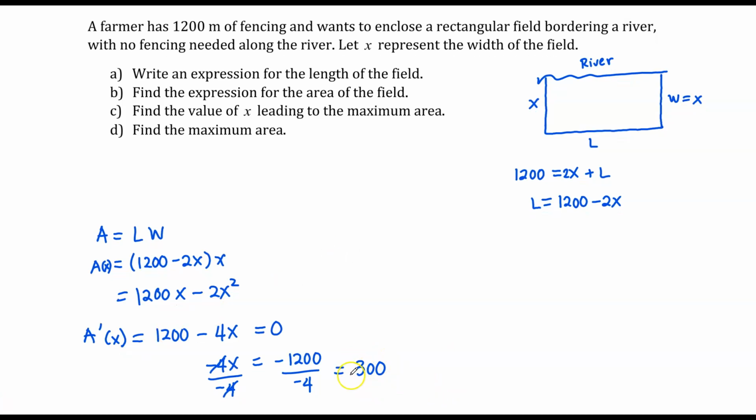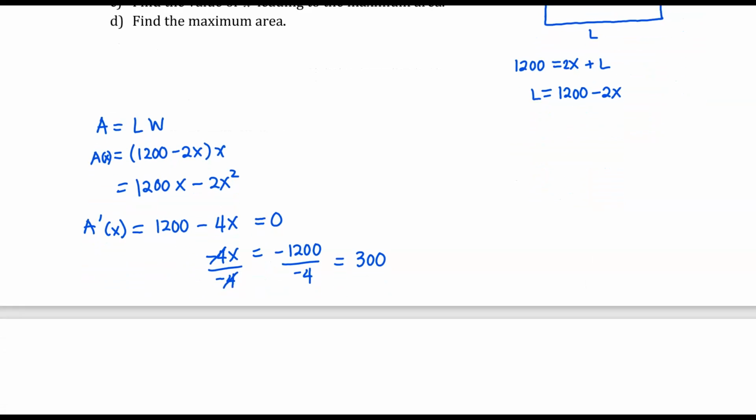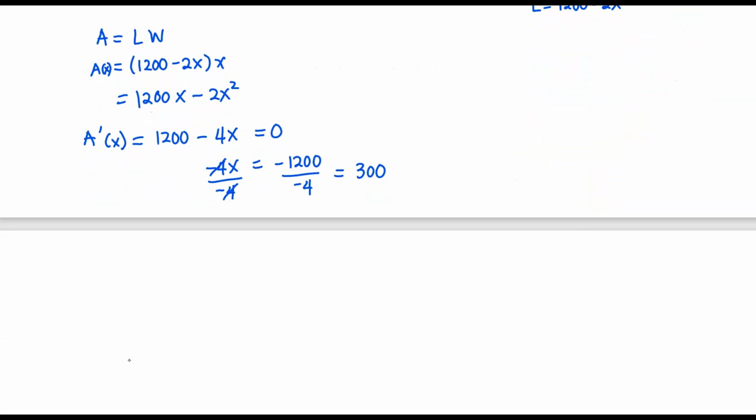Now, to verify if 300 will really give us the absolute maximum area, we will have to find the second derivative of the area and use the second derivative test. So you have A double prime of x is equal to, just take the derivative of this expression here. The derivative of 1,200 is 0, and the derivative of negative 4x is negative 4.